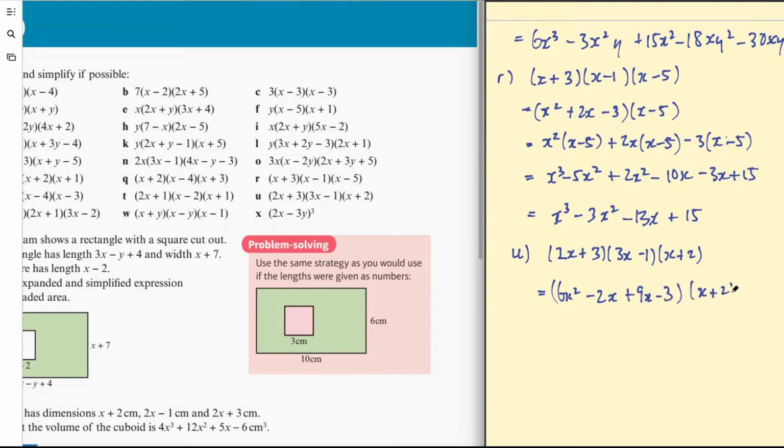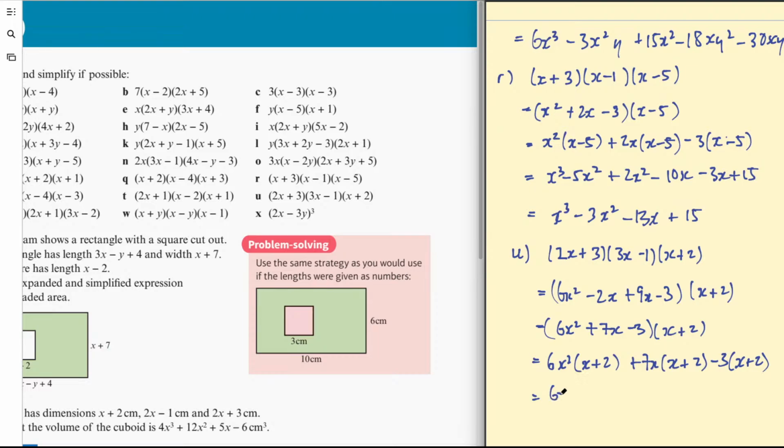Multiplied by x plus 2, and then this will be 6x squared plus 7x take 3 multiplied by x plus 2, and then expanding this, so each term is multiplied by x plus 2, plus 7x multiplied by x plus 2 take 3 multiplied by x plus 2.